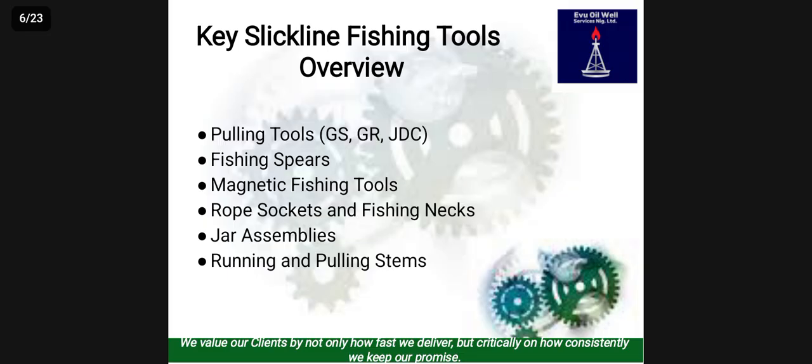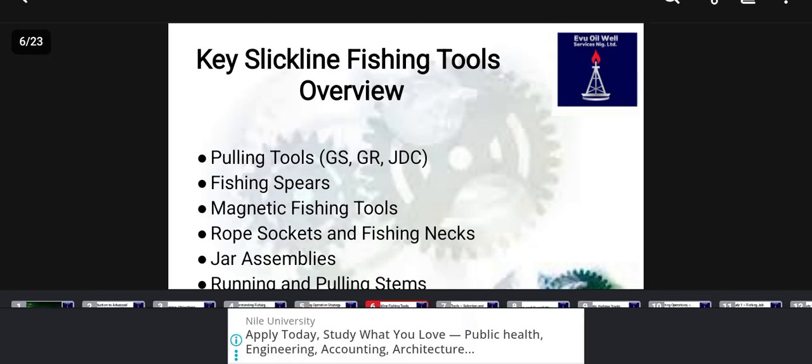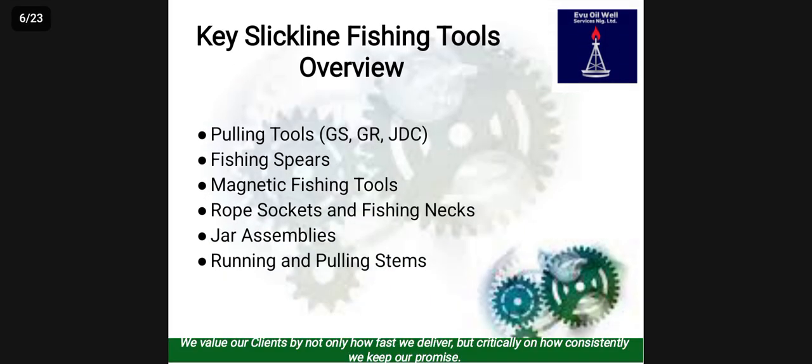These are grabbers. Fishing spears: these are piercers. Magnetic tools: these are pickers. Rope sockets and fishing nets: the connectors. Jars and stems: the shockers. Every tool has a personality. Respect it, or it will embarrass you in front of your client or supervisor on site.